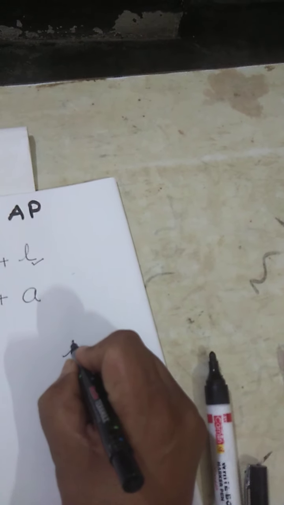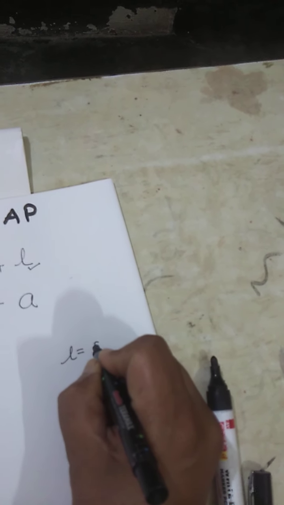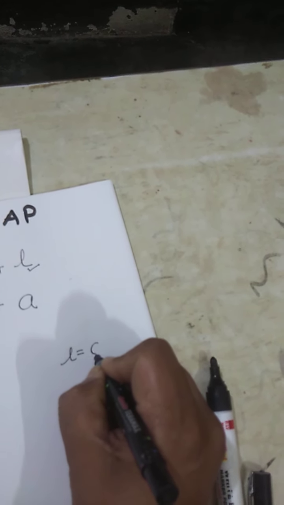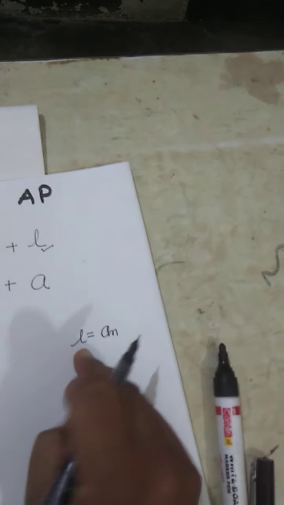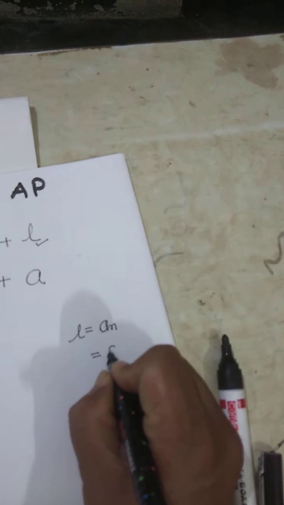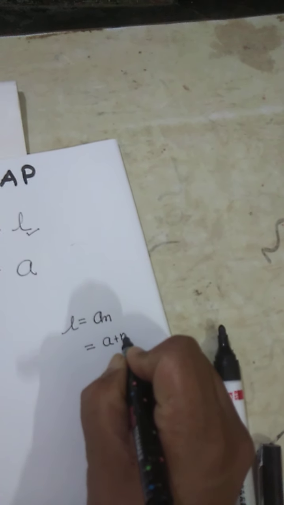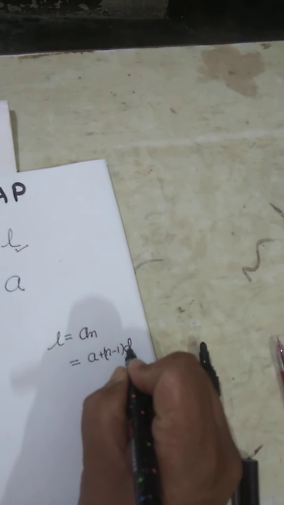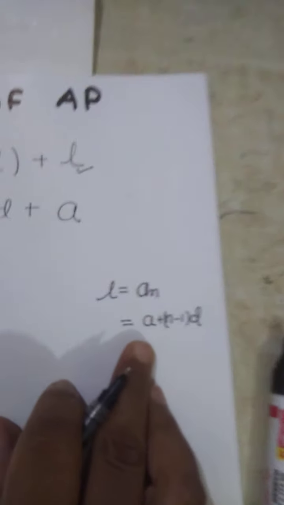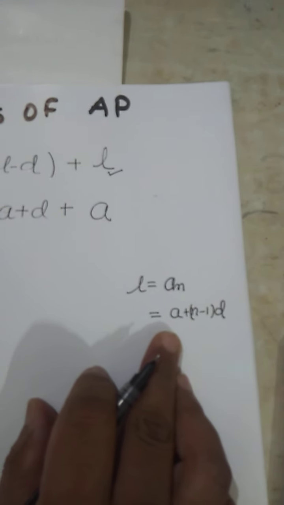You can say the last term l is also, if it is given, an, which is equal to a plus n minus 1 d. Already this is explained in the previous video.